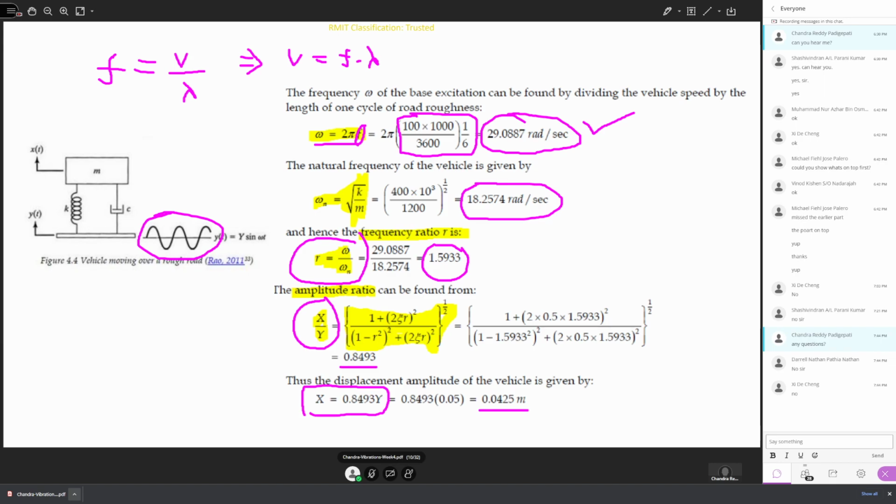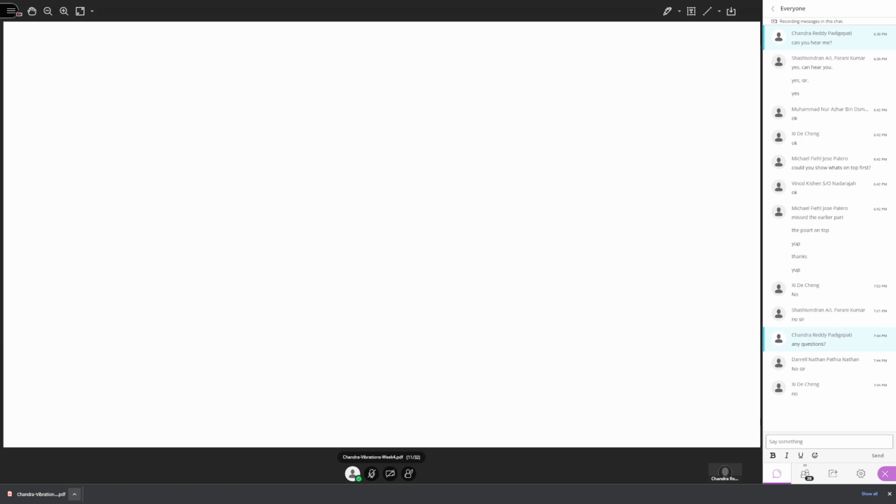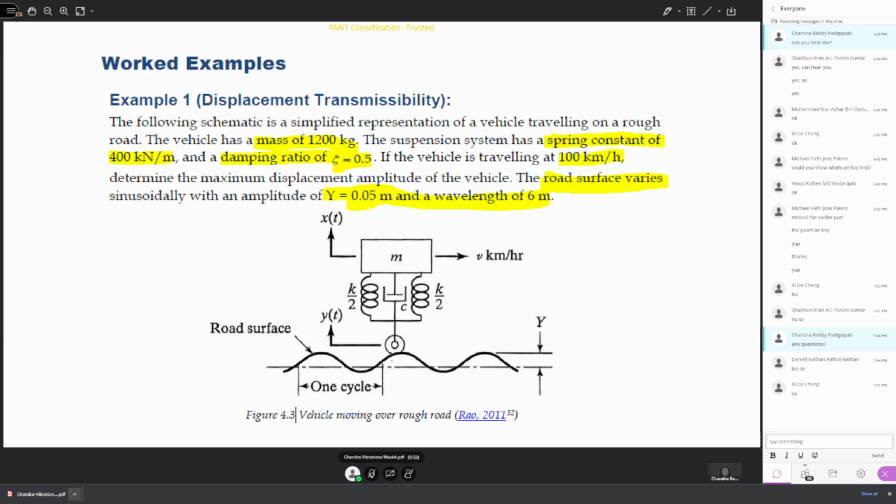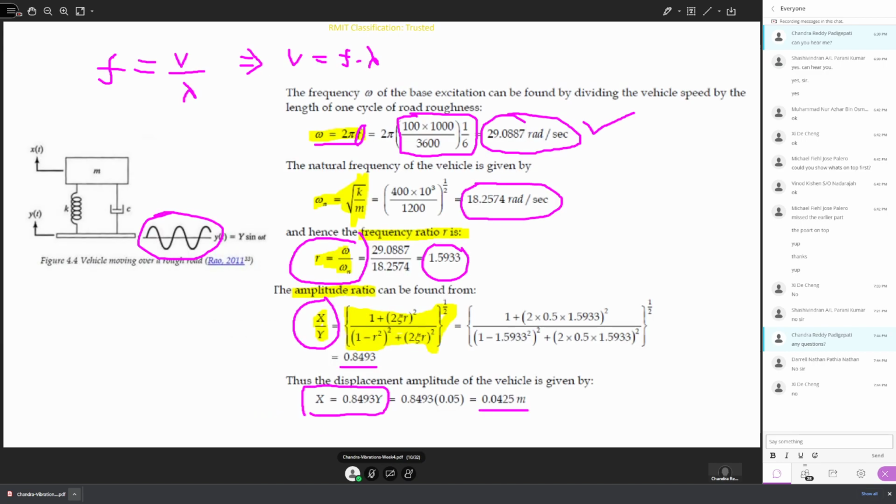That means when the vehicle is traveling at a speed of 100 kilometers per hour, and the road has a maximum displacement of 0.05 meters with a wavelength of 6 meters, the vehicle will have a displacement of 0.0425 meters.